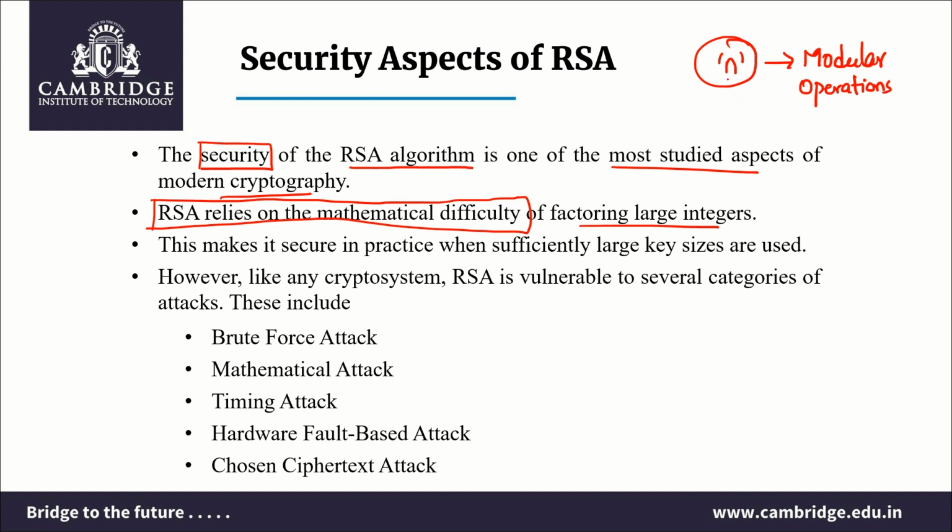Now, how did we get this n? It is nothing but the product of two prime numbers. These are large prime numbers, in fact very large prime numbers. With these two large prime numbers, the difficulty is how much time it takes to factor n, and that is what the security of RSA depends on.